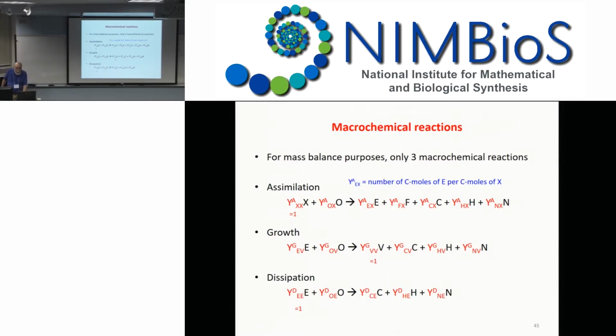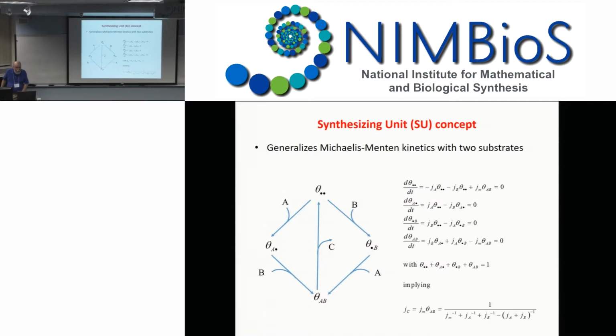I just want to mention that there is a concept that is widely used in DEB that lets us imagine how two fluxes come together, the so-called synthesizing unit. You can think of it as a generalized enzyme. It follows similar principles to Michaelis-Menten, only it carries it over to multiple substrates.